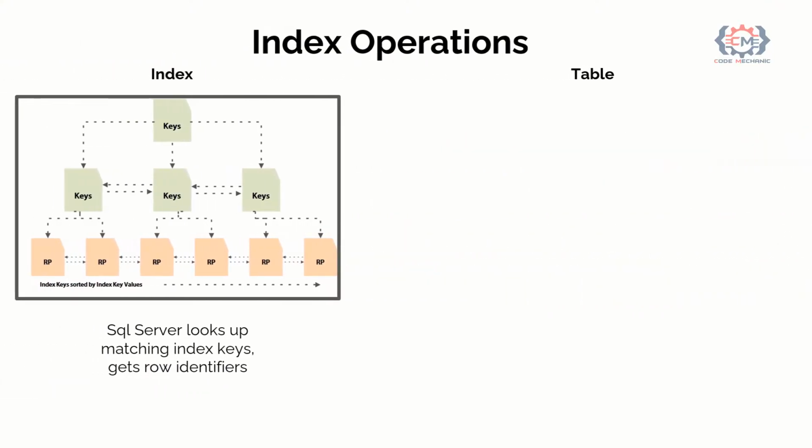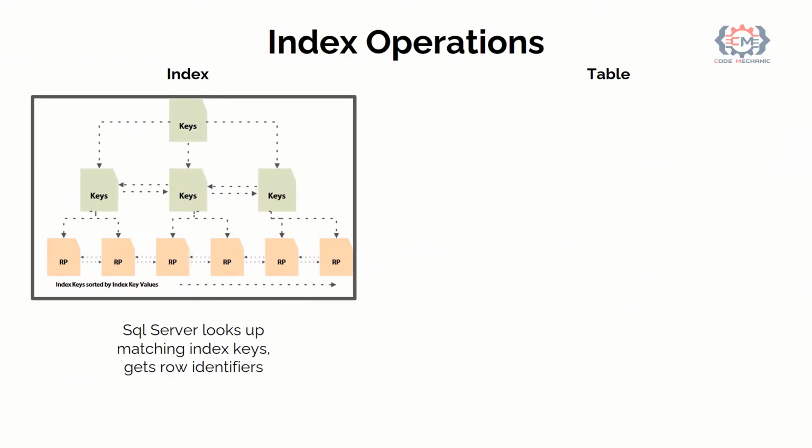We know that when SQL Server uses an index, it traverses the tree structure of the index to find the matching keys in the index. When it finds the matching key or keys, it will read from the index the value of the row identifiers for the rows that match those index keys. In a typical table, these row identifiers are just the primary key values of the matching rows.